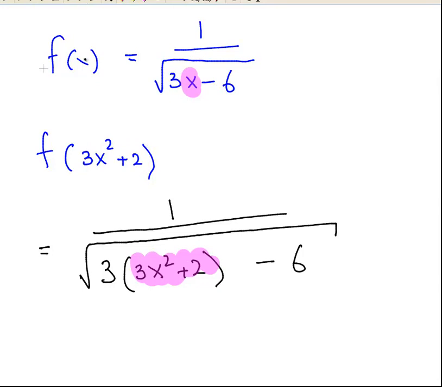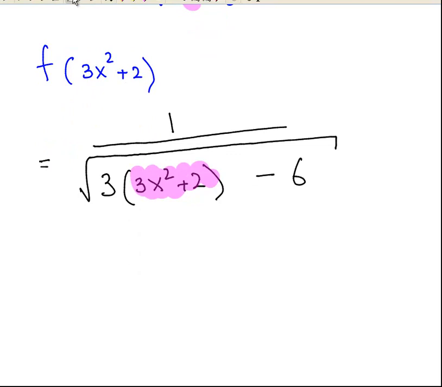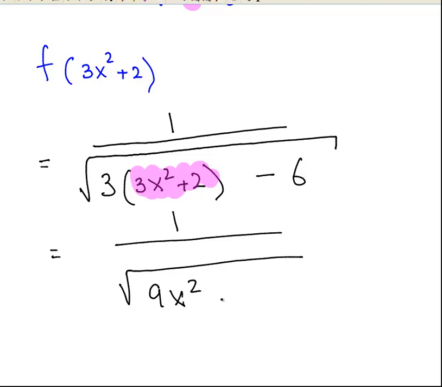Okay, so let's do that. So what do we have? We have 1 over the square root of 3 times 3x squared, which is 9x squared, and 3 times 2 is 6, so plus 6 minus 6.